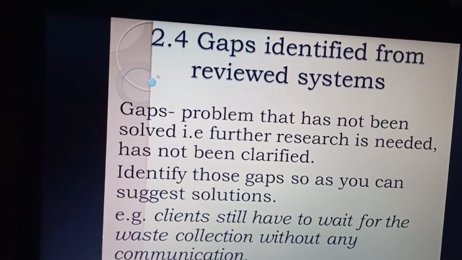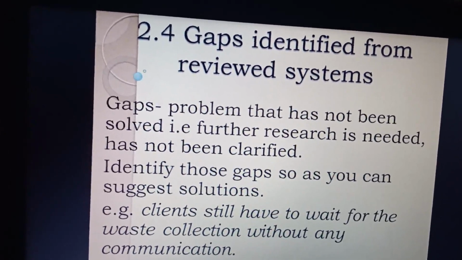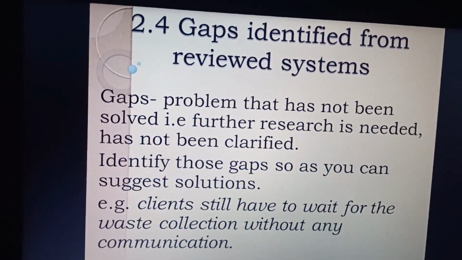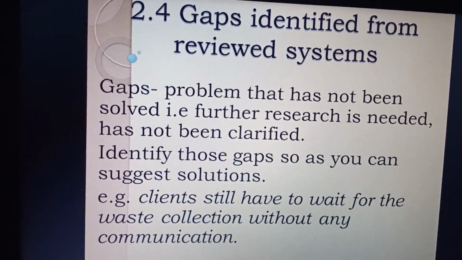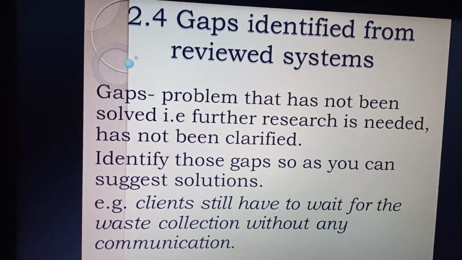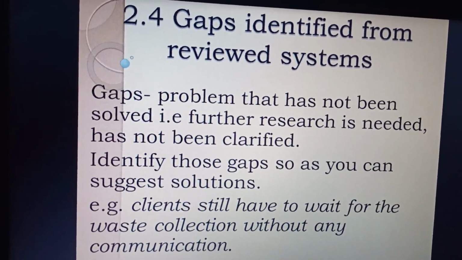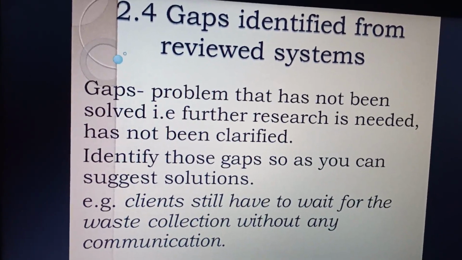Gaps identified from the reviewed systems. I've already said the gaps are the problems that have not been solved. Further study is needed in this, and it has not been clarified. So identify those gaps so that you can suggest solutions.